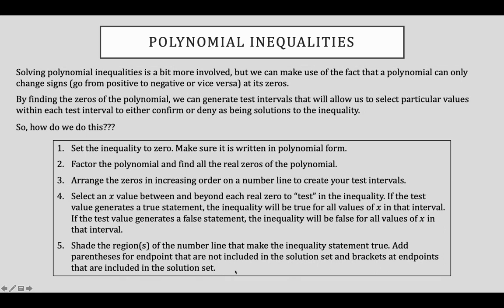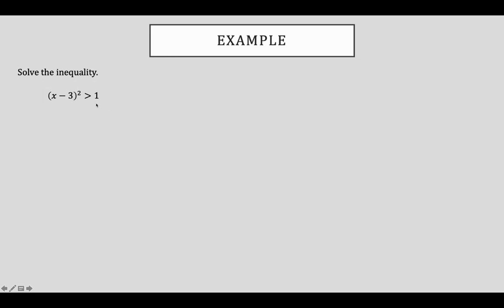All right, let's give one a shot. Solve the inequality. Step 1 is to set the inequality to 0 and make sure it's written in polynomial form. Over here on the left, this would be a quadratic, but it's currently factored, so to write it in polynomial form, we have to expand it. x minus 3 times x minus 3 gives me x squared minus 6x plus 9 is greater than 1.